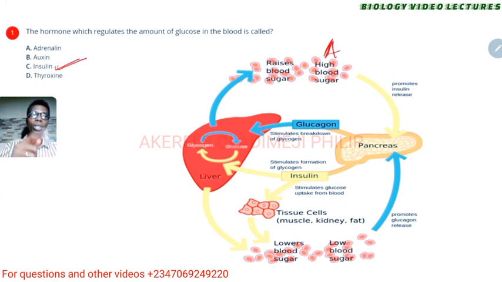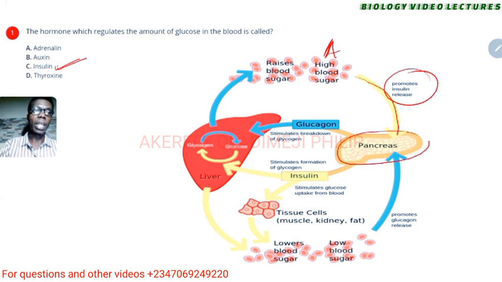How will it do that? When we have high glucose in the blood or high blood sugar level, this will stimulate insulin secretion, and that signal will be sent to the pancreas, to the islet of Langerhans.